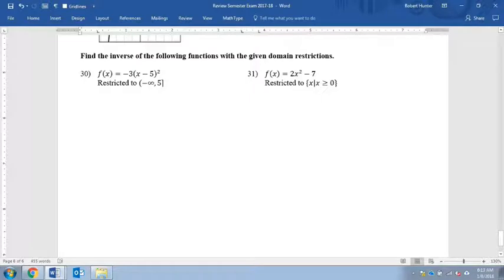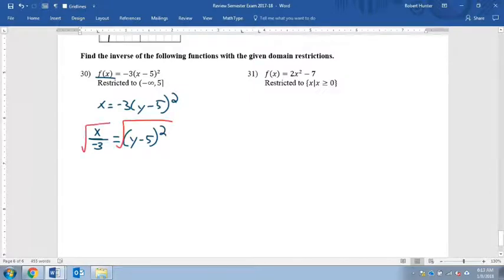So let's find the inverse. I can just treat that as a y, so x equals -3 times y minus 5 squared. Divide by -3, x over -3, or you can say -1/3 x, equals y minus 5 squared. Then I'm going to square root both sides.